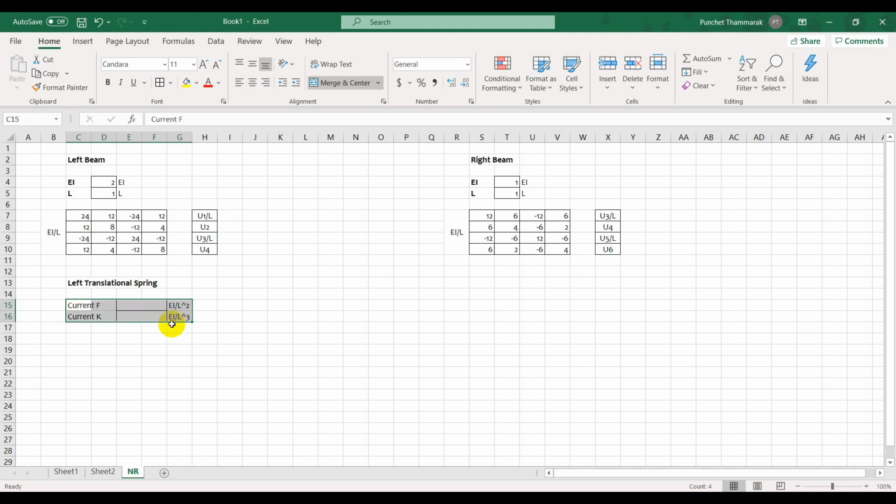These are functions of the current displacement, which is in terms of L. So at the very beginning you have 0 L.